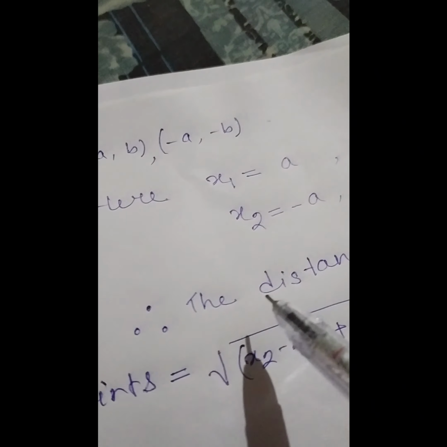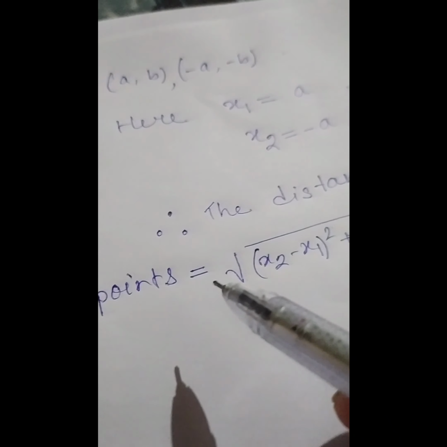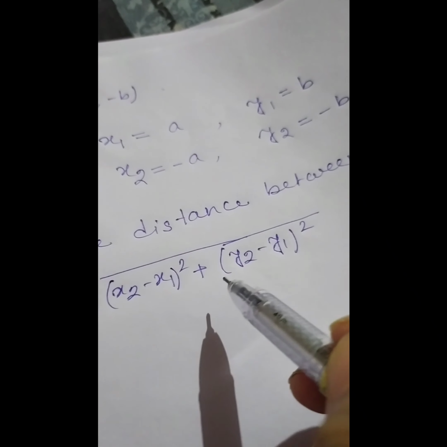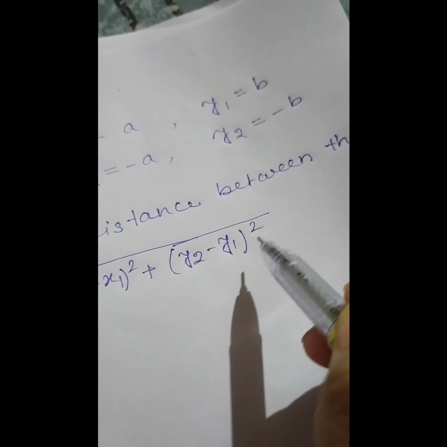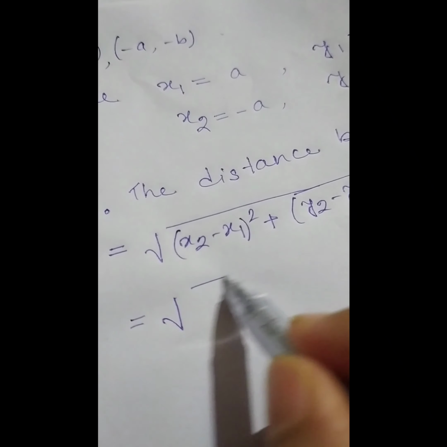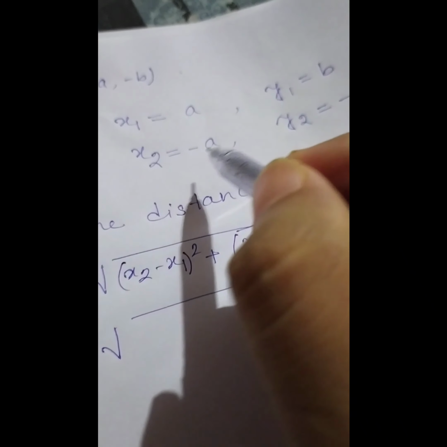Therefore, the distance between the points is equal to root over (x2 minus x1) whole squared plus (y2 minus y1) whole squared. When you substitute the values, what is the value of x2? x2 is given here, minus a.